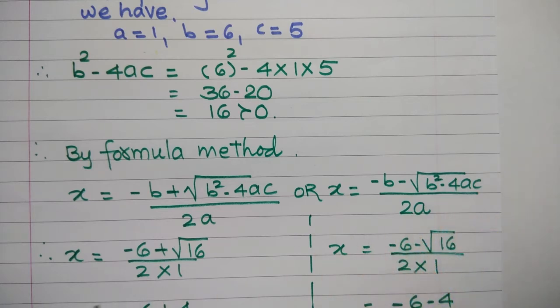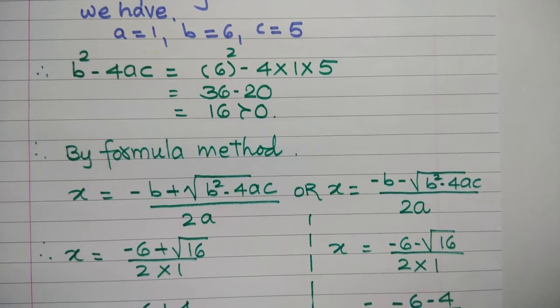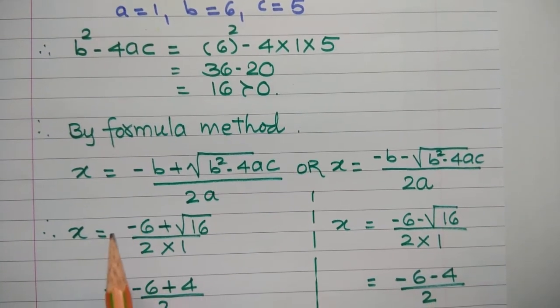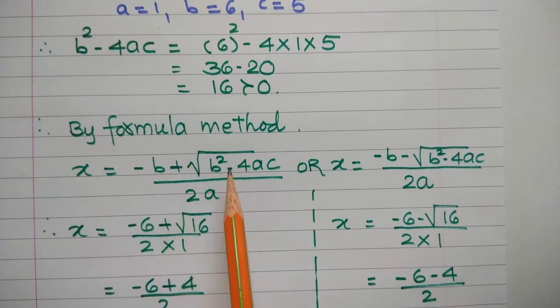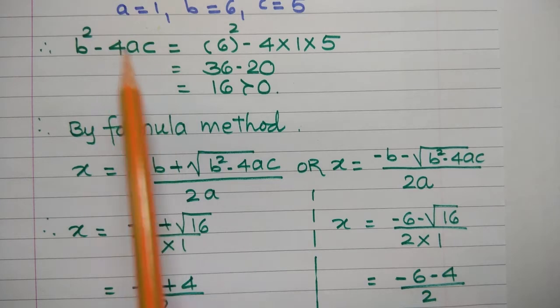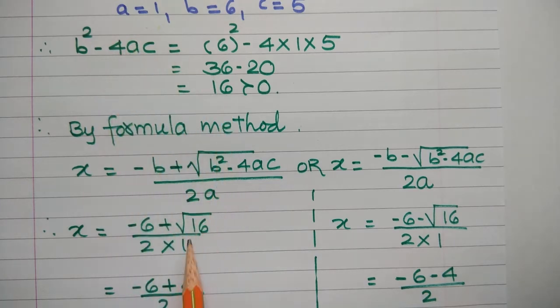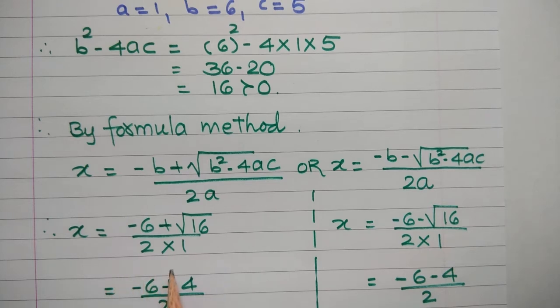By substituting the values, we have x is equal to minus 6 plus under root of b square minus 4ac. Already we have b square minus 4ac as 16, so it will be under root of 16 upon 2 into 1. Similarly, x is equal to minus 6 minus under root 16 upon 2 into 1.